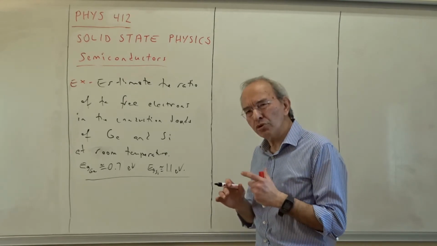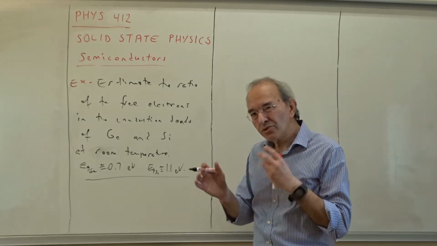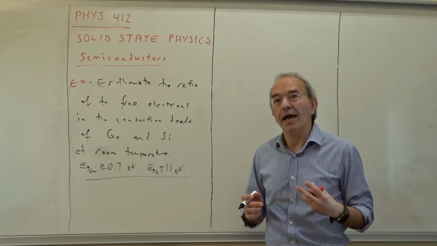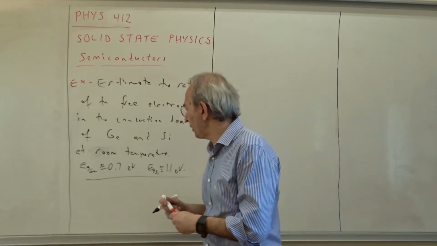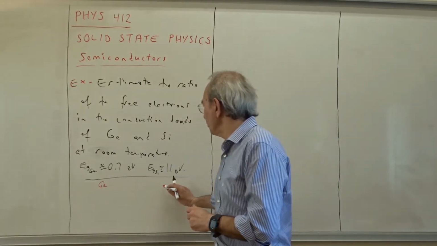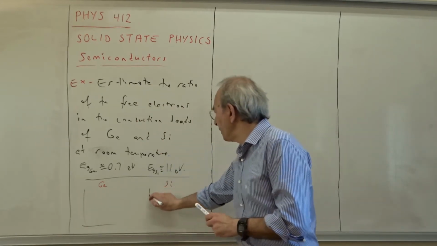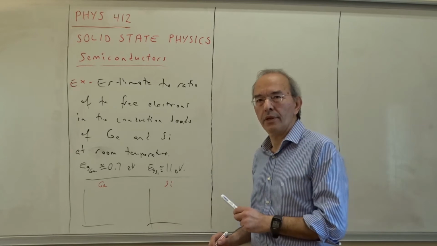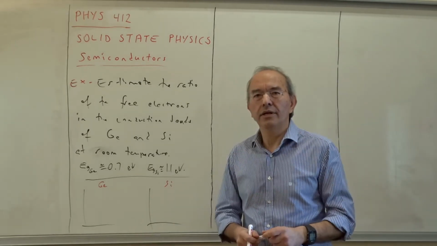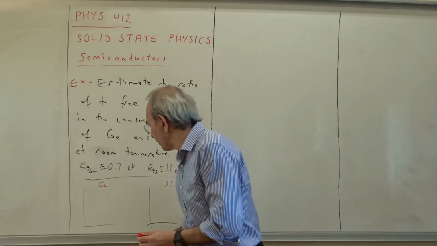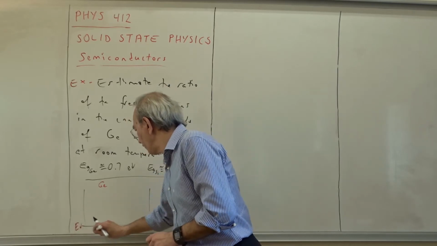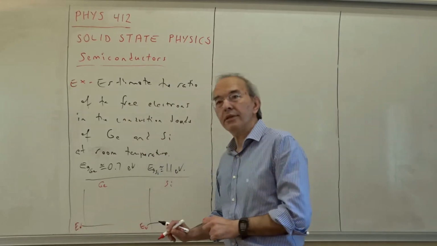For this, let me draw two pictures to grasp the idea. Let's compare germanium and silicon. Let's draw two energy pictures, again very roughly. So these are the valence band edges.